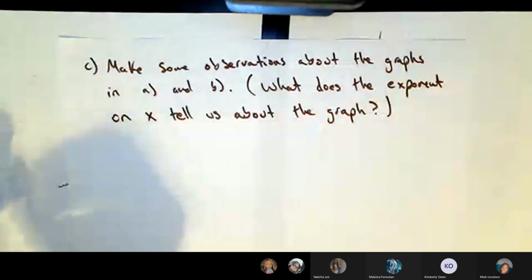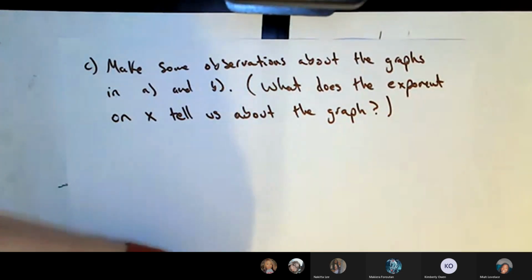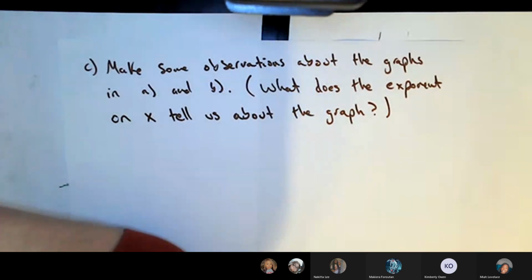Now, to answer this, I'm going to share my screen and hopefully it works, the Wi-Fi and everything. And we're going to go to desmos.com, which I believe I told you all about last time. Let's see. Is it sharing my screen? Nope. Hang on.